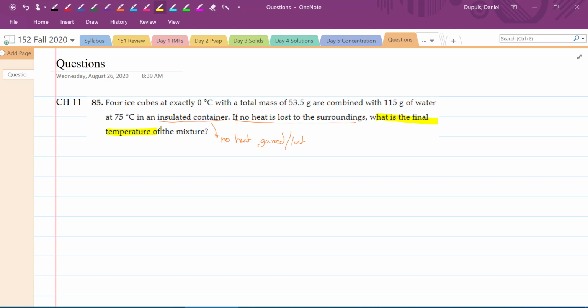Okay, so what do we have here? I have 115 grams of water at 75, and we have 0 degrees Celsius ice at 53.5. I have ice, and I'll use ice as green, and we have water here.